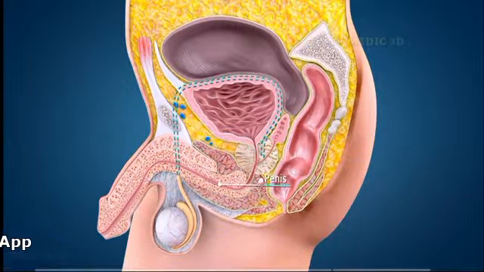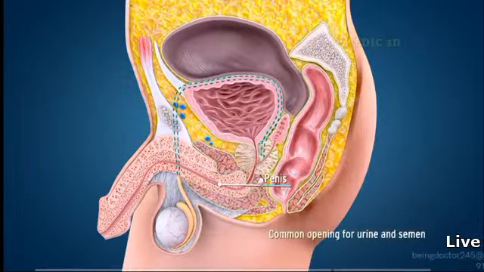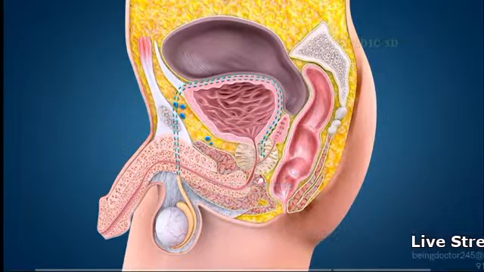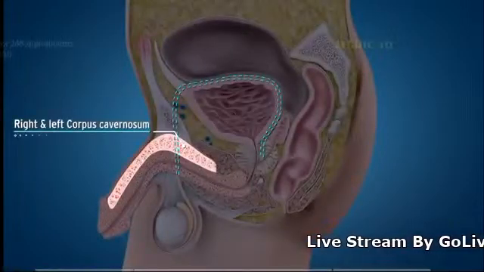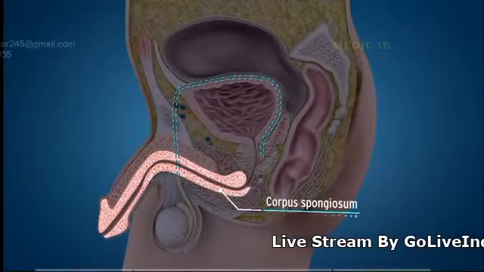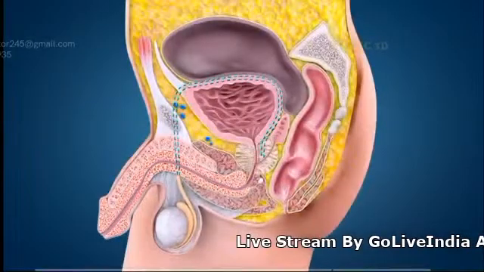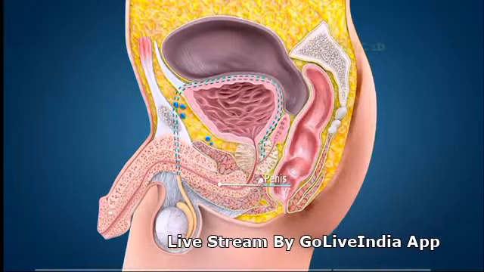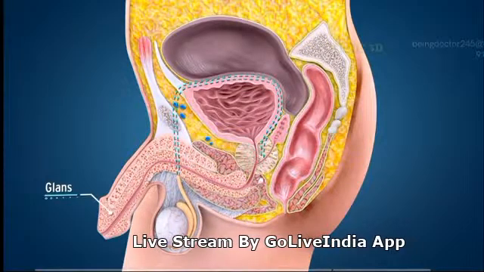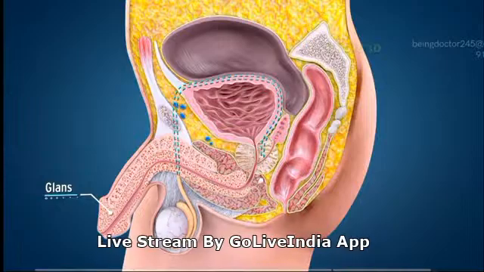The penis is a copulatory organ of the male and is the common opening for urine and semen. The penis has 3 erectile tissues, which are the right and the left corpus cavernosum and the corpus spongiosum. The vascular structure, which is located at the tip of the penis, is called the glans and is identical to the clitoris in female.